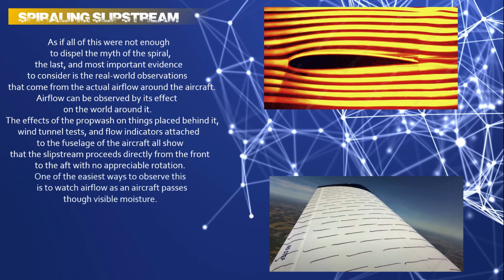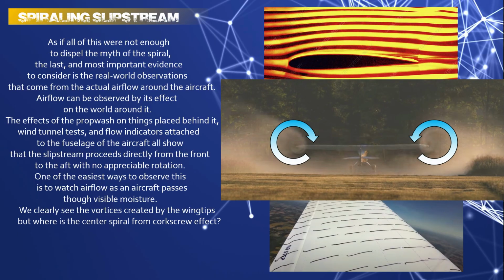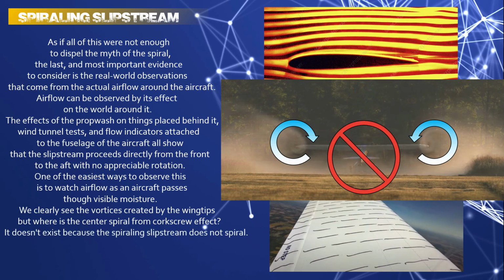One of the easiest ways to observe this is to watch airflow as an aircraft passes through visible moisture. We clearly see the vortices created by the wingtips. But where's the center spiral from the corkscrew effect? It doesn't exist because the spiraling slipstream does not spiral.